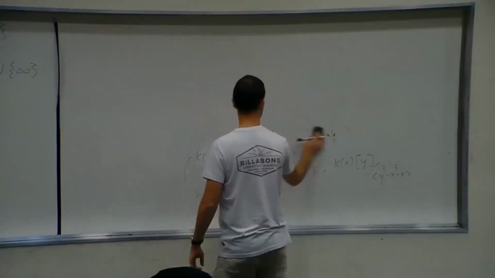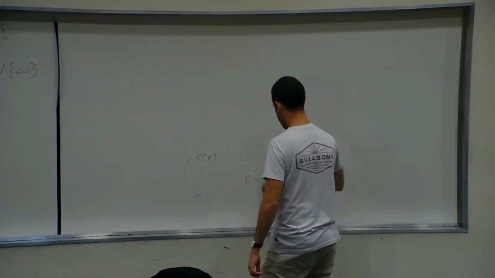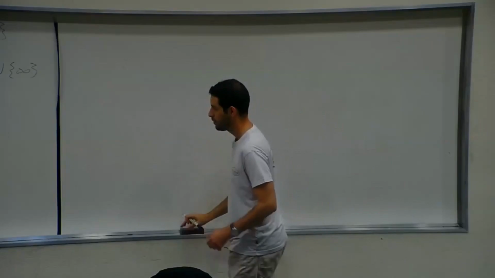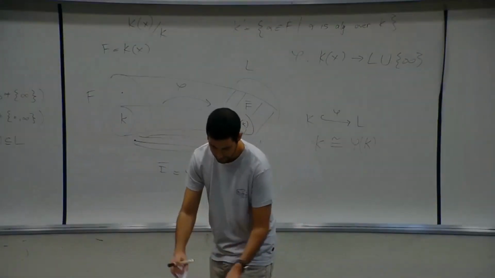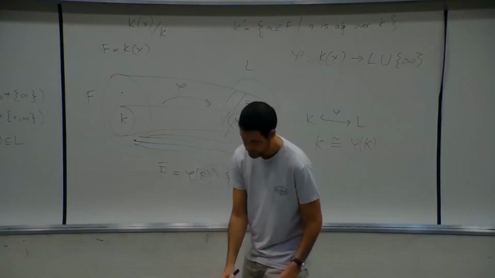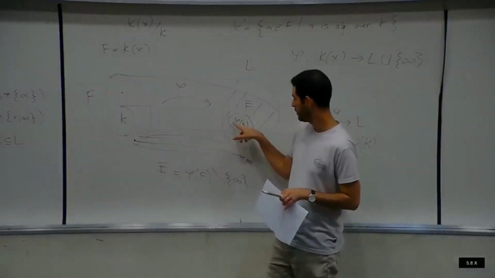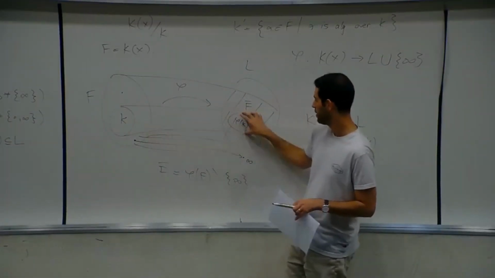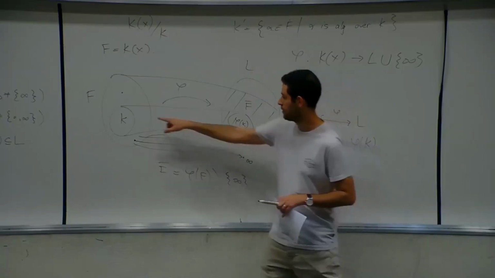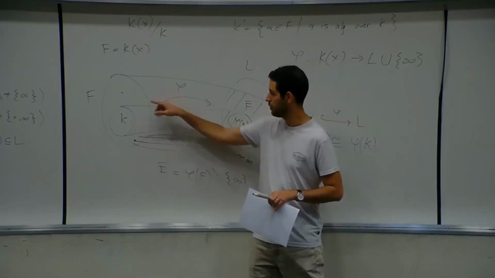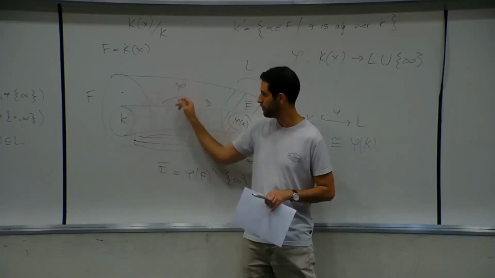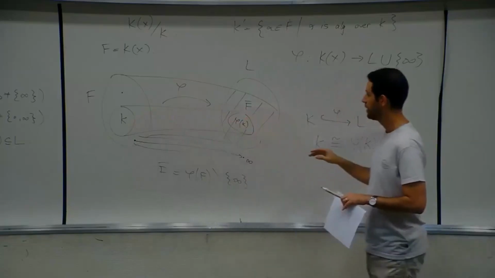Okay, so let's see which places, what are the possible places. So how to begin? Again, so far we know that we identified phi of K with K, and the restriction of phi to K is the identity.